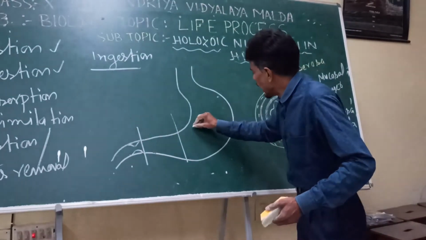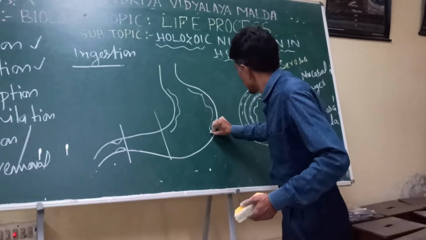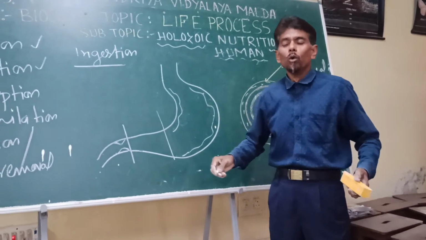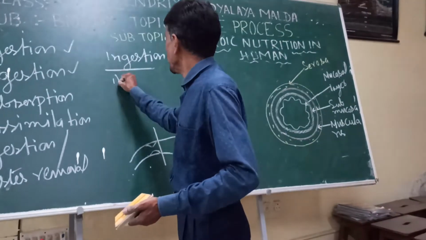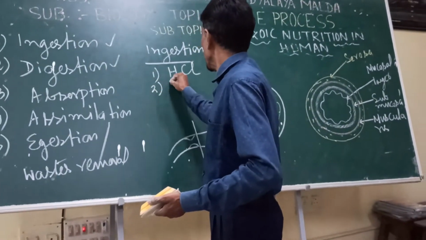Now, the inner wall is full of glands, the gastric glands, which secrete very, very important things. Number one, HCl. Number two, mucus.